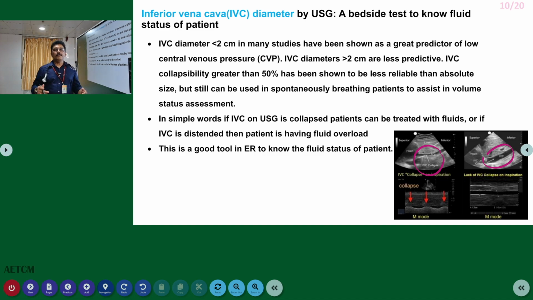So if a patient comes with sepsis and hypotension, and you see that the IVC is completely full like this, this patient may not respond to your fluid resuscitation. That is very important. The hypotension may be due to some other reason like cardiac failure. So that is the importance of IVC evaluation in the emergency.